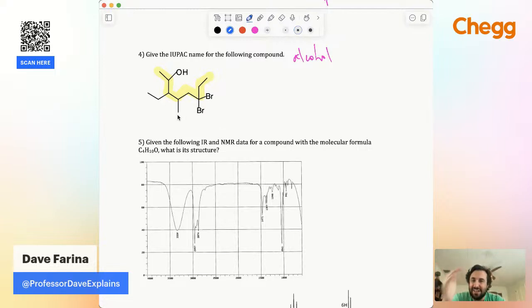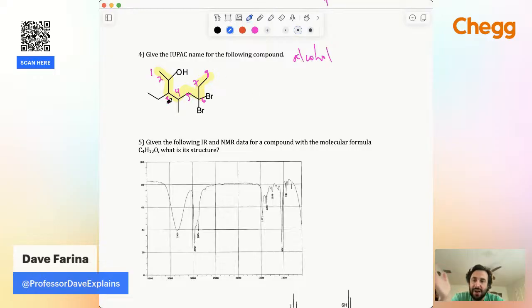But hydroxyl takes priority. So that means we are going to number it this way: 1, 2, 3, 4, 5, 6, 7, 8. That's the numbering scheme, not the other way. Even if we had a bromine over here, which would make it on carbon 1, numbering the other way doesn't matter. Hydroxyl takes priority. We number left to right.